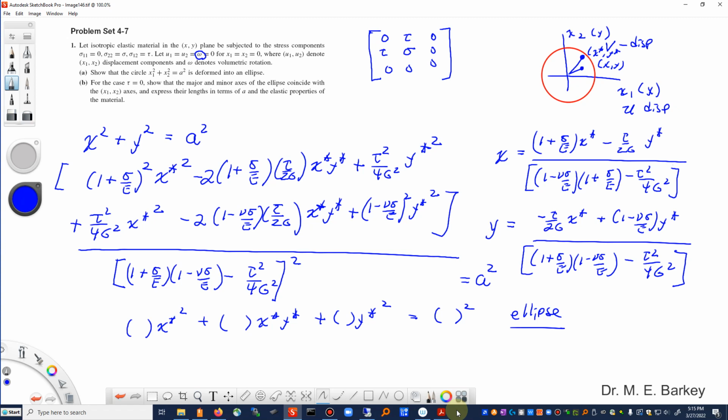All right, now the second part was for the case tau is equal to 0, show that the major and minor axes of the ellipse coincide with the x1 and x2 axes. Then it says express their lengths in terms of A and the elastic properties of the material. Well, if tau goes to 0, then this coupling term goes to 0.